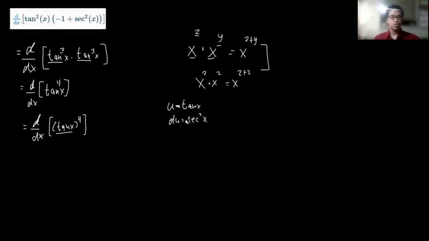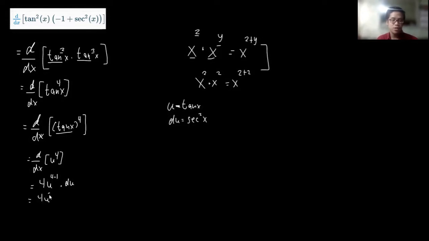So this is already the derivative of u raised to 4. Since this is already the application of the power rule, let's bring down the exponent, copy the variable, then subtract 1 from its exponent, times your du. Let's further simplify them.